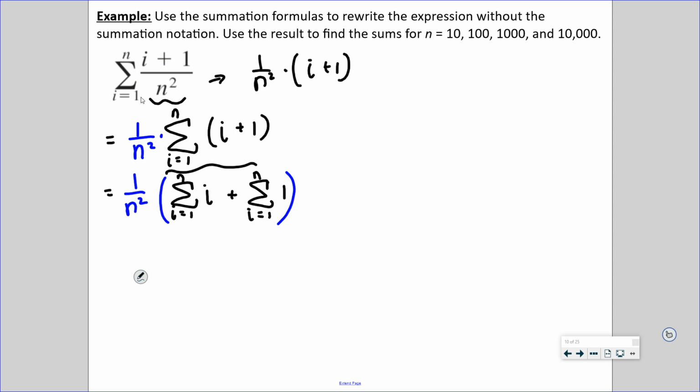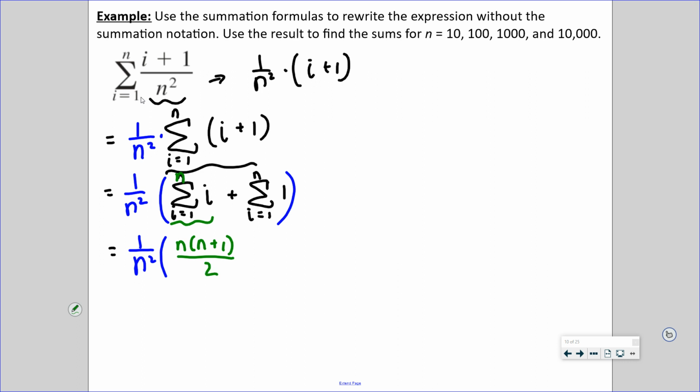And then we can use our formulas or our shortcuts to find these sums. Okay. So we have this 1 over n squared being multiplied by all of this. So my shortcut for i is n, and obviously this is for any number, so n times (n plus 1) over 2.